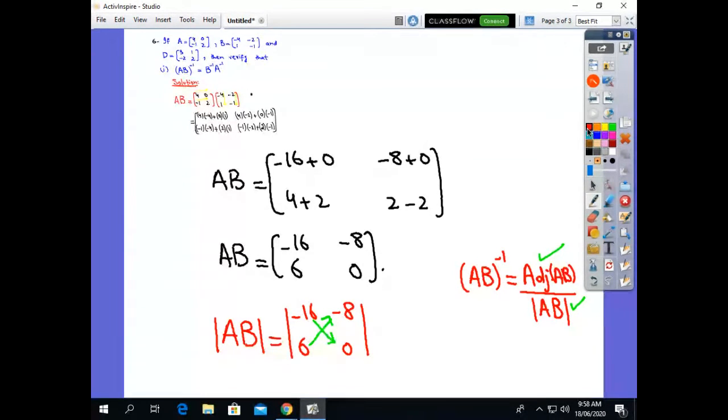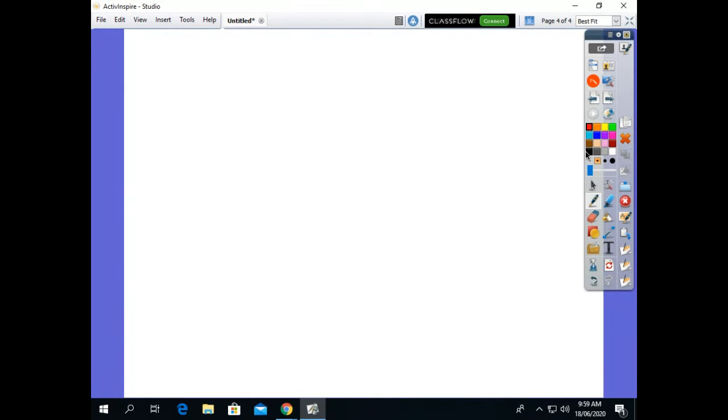We have negative 16 multiplied with 0, minus negative 8 multiplied with 6. Simplified, it becomes 0 plus 48. The determinant of AB becomes 48.